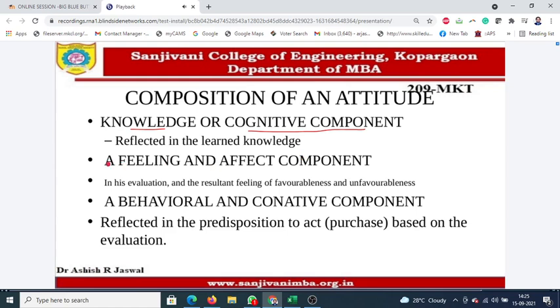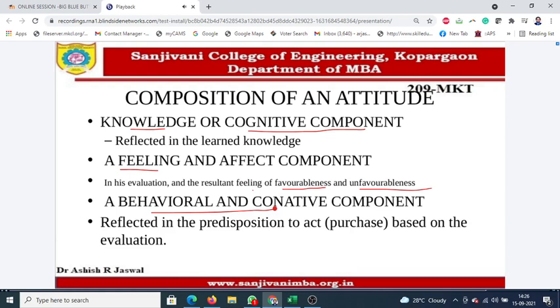The second component is called the affect component or a feeling component. फिलिंग कंपोनेंट मध्ये काय? फिलिंग कंपोनेंट is reflected in the form of evaluation. मग ती evaluation काय? Either favorable or unfavorable. मला घ्यायचा किंवा नाही घ्यायचा, किंवा इंटरेस्ट जनरेट होणं किंवा नाही होणं. That is what we need to understand. And the last component is called the behavioral component.